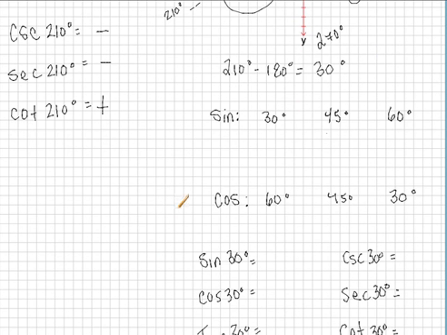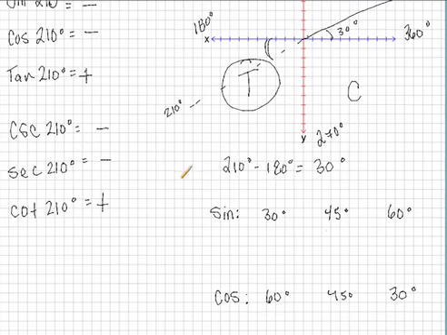If you're allowed to use a unit circle to find sine and cosine, that's wonderful. If you're not, I have a little trick. If you write sine and then write the angles in order in the 1st quadrant, the main 3 ones that you'll see on the unit circle, 30 degrees, 45 degrees, 60 degrees. Underneath you can write cosine, and you just write the angles in the opposite order, 60, 45, 30.